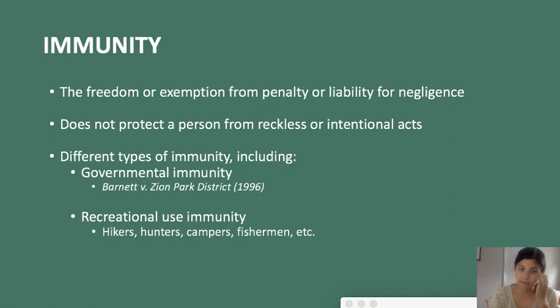One important case that is relevant here is Barnett versus Zion Park District. This is actually an Illinois specific case where the Park District was able to argue governmental immunity to protect them in this case where a young boy drowned in a public Park District pool.